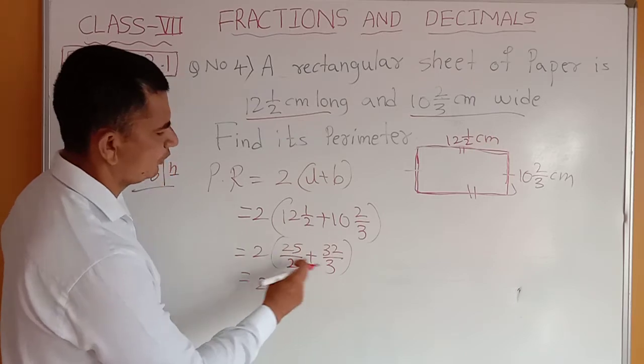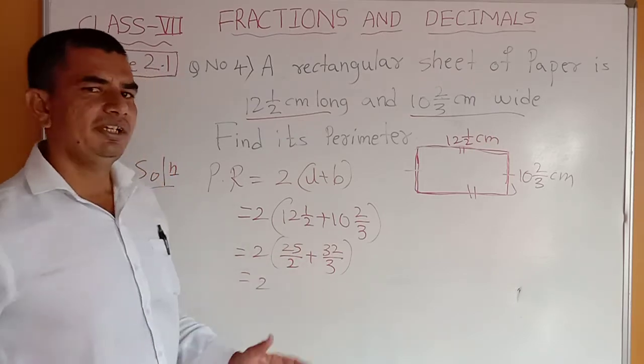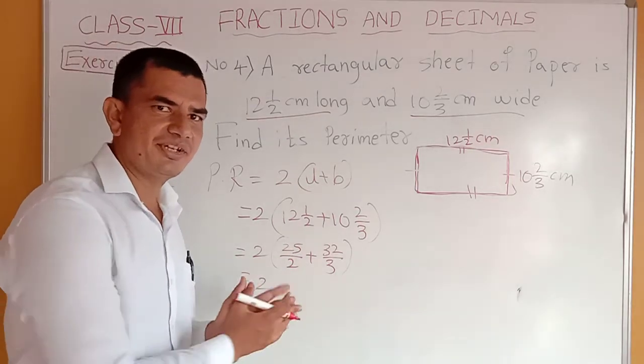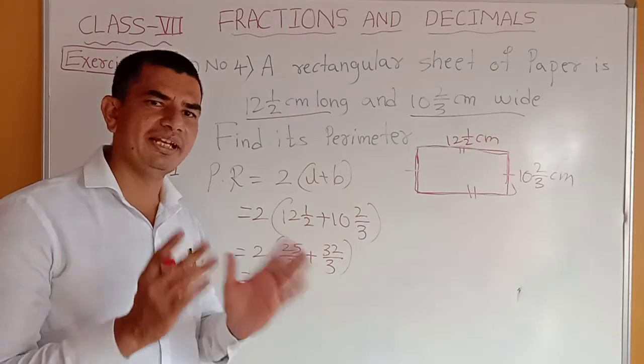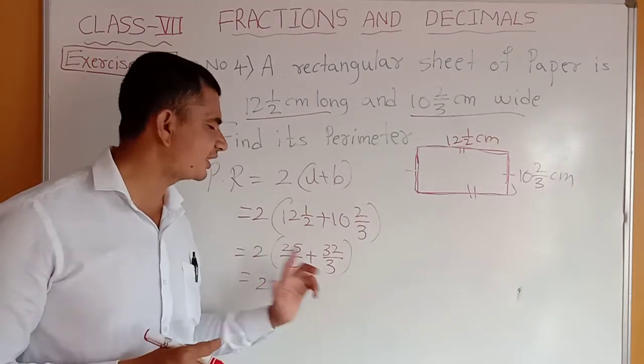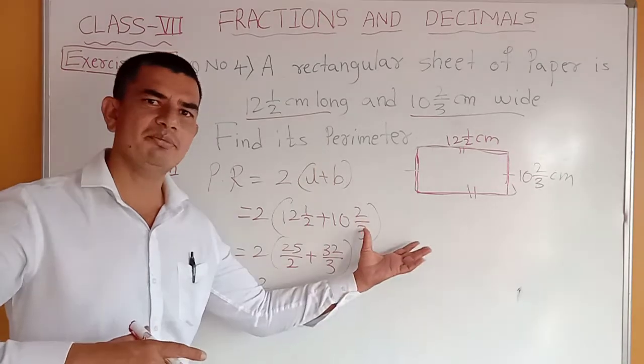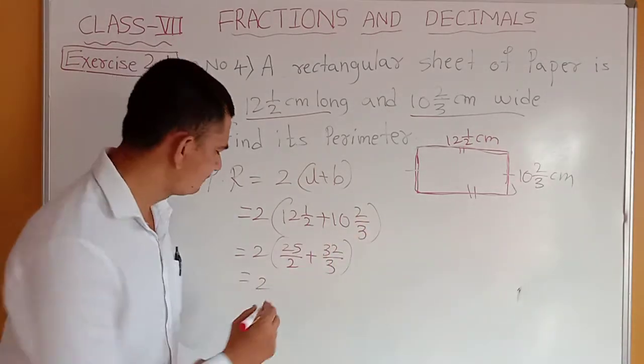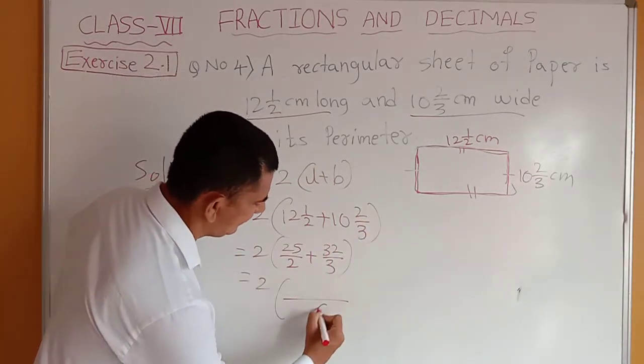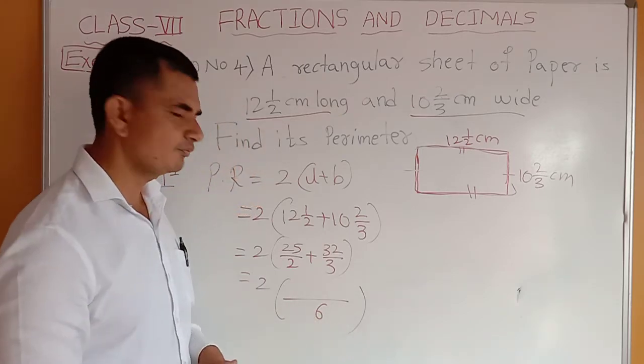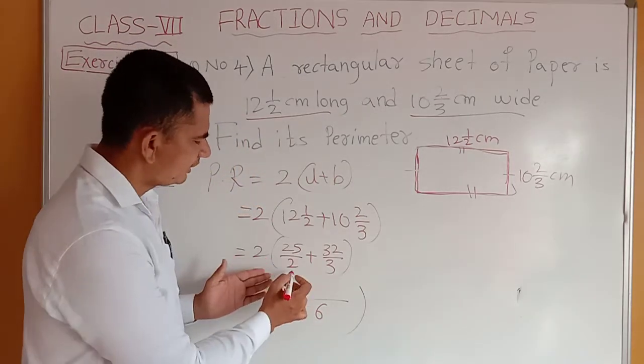Now we have to add. Now check the denominators. Is it the same? It's not the same, so we have to find the LCM of the denominators. 2 and 3 are there, so we can do it directly. 2 threes are 6. 6 is the LCM. Now we have to equalize.